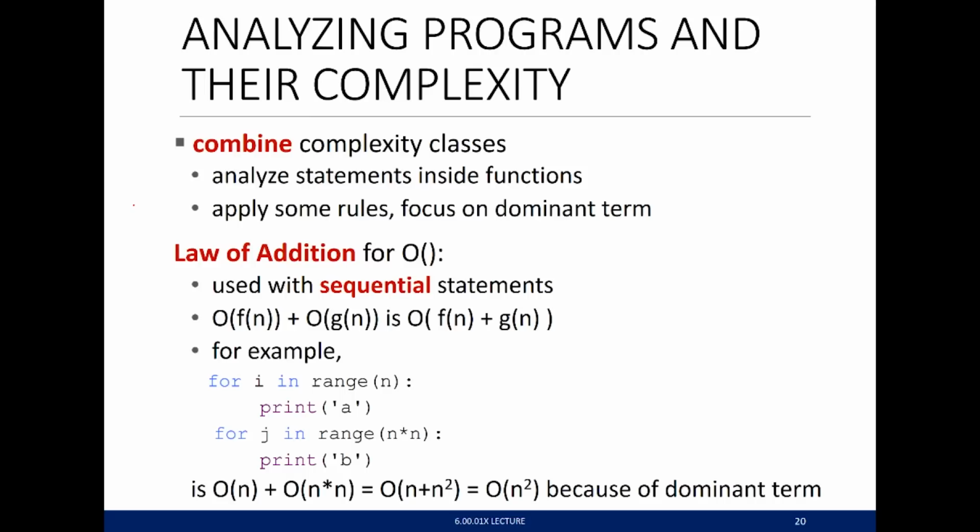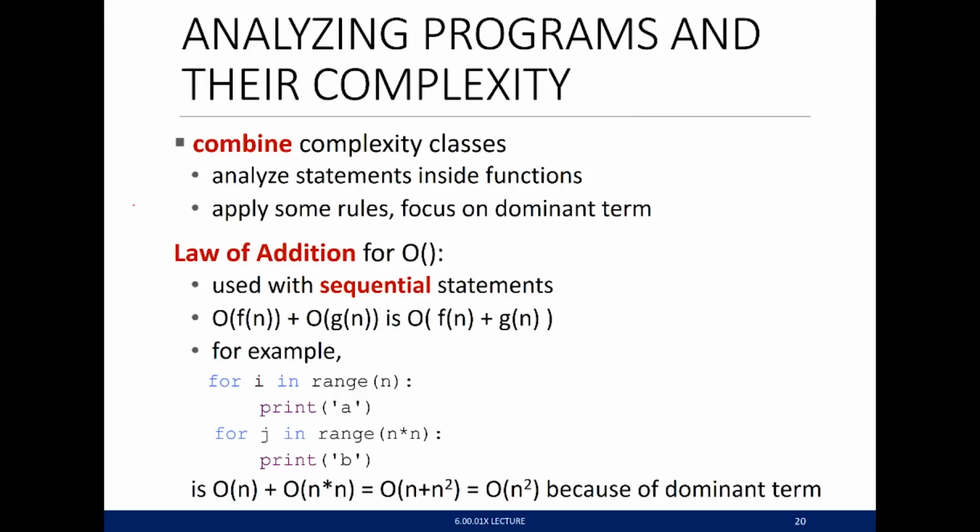So if I have a piece of code followed by another piece of code, I could get the order of growth of the first piece of code, the complexity of it, and then the second one. And then I can talk about the sum of those being the order of growth of the overall combination. So for example, if I have two little loops as I've shown down here, the first one is order n, the second one is order n squared.